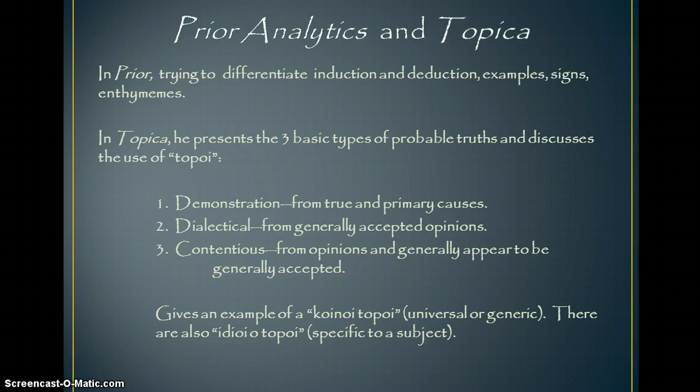So some are generic in nature. Some are very specific to the subject that you're talking about. Okay? So see what he's trying to do here? He's laying the groundwork here. Before we start studying rhetoric, he's really trying to lay the intellectual groundwork of saying, what types of reasoning do people do? When I get into the different types of reasoning, what types are there? You see? And so he's really trying to get as specific as he can with it.